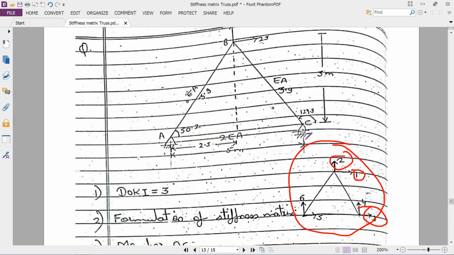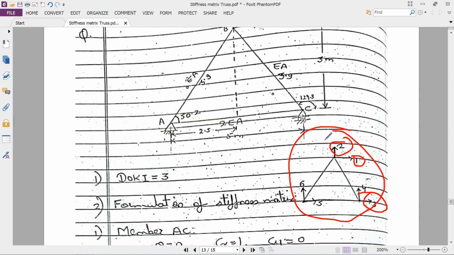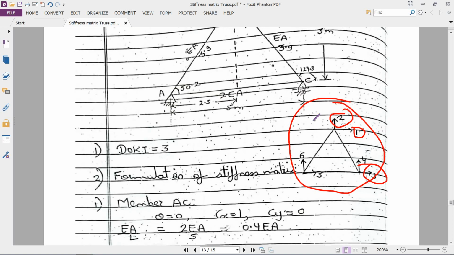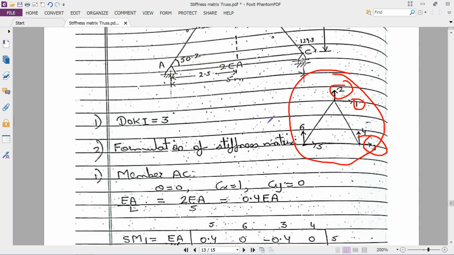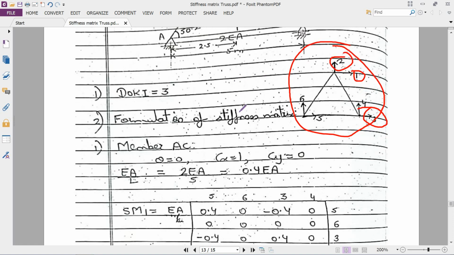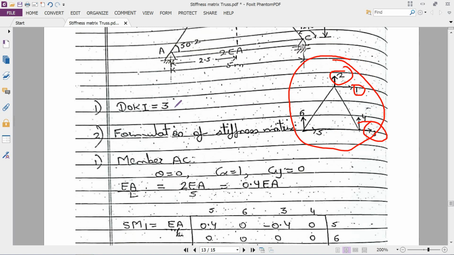Here I have considered the third unknown at the roller support, because the roller support is subjected to horizontal movement. So we have to calculate the three unknowns, and the rest of the things we know. Let us see how to calculate the unknowns at particular nodes. So here the DOKI will be 3.